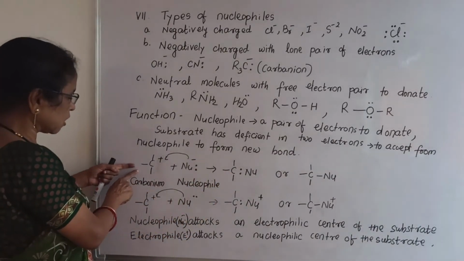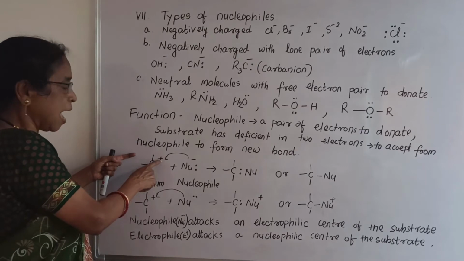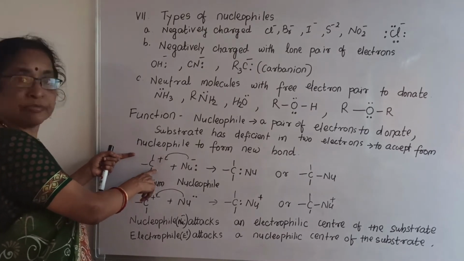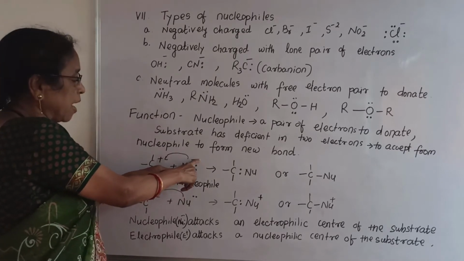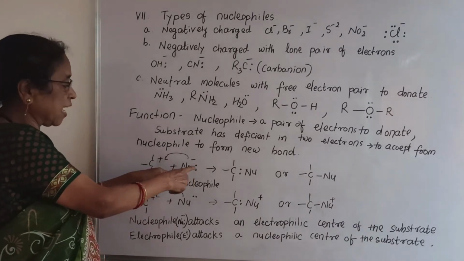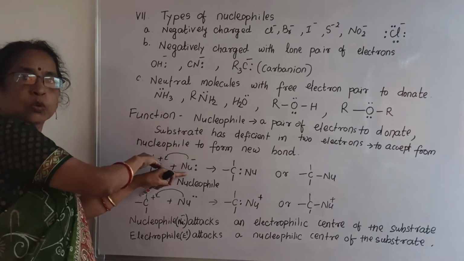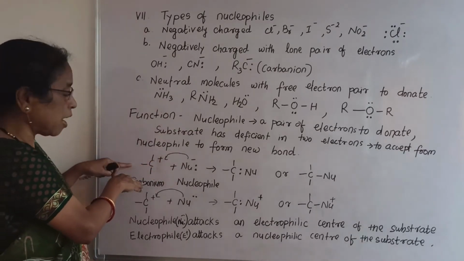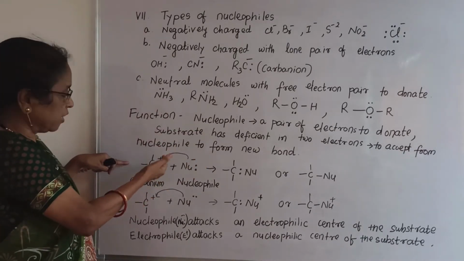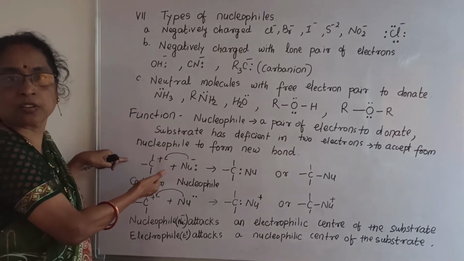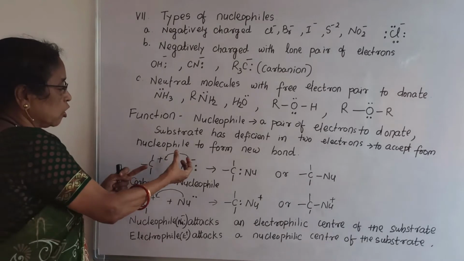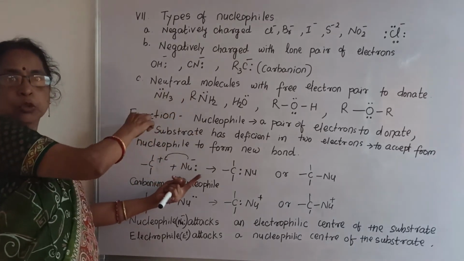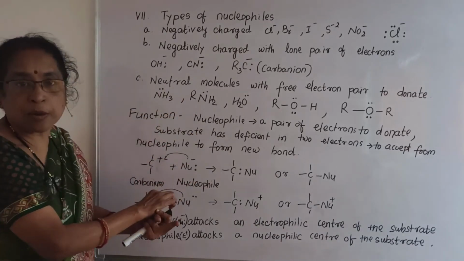Now see, this is called a carbonium ion having a positive sign, that means deficient of 2 electrons here, and the nucleophile has a minus sign and a pair of electrons. That means it can donate to this substrate, the carbonium ion, which has a shortage of electrons. So the electrons can easily move from the nucleophile to the substrate, for example the carbonium ion.